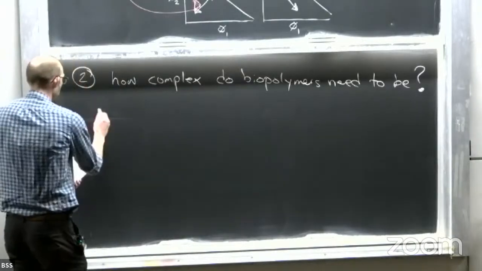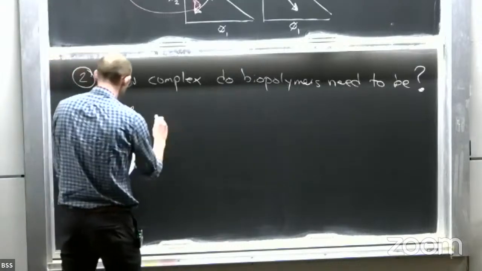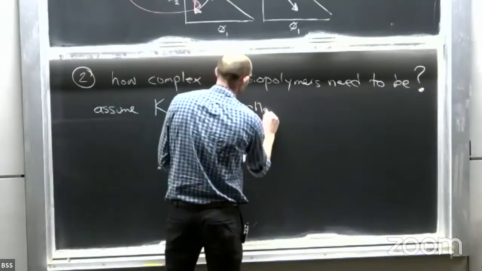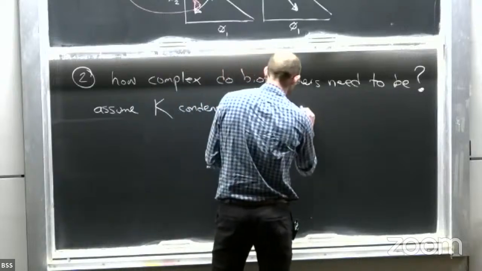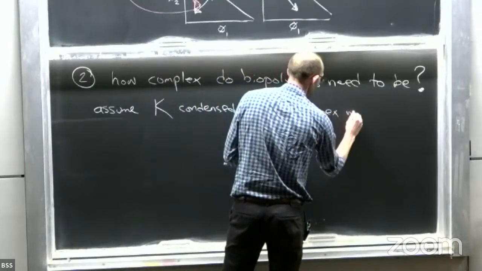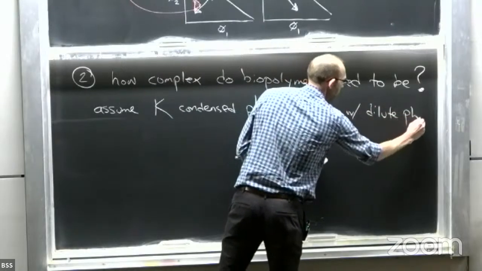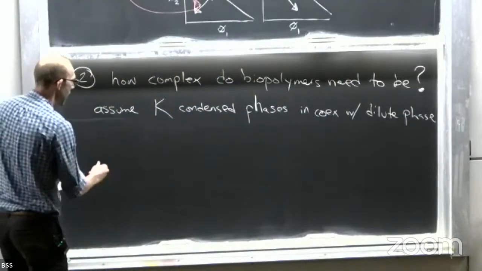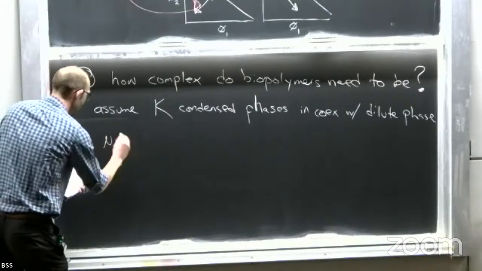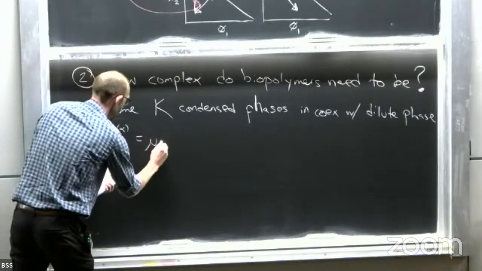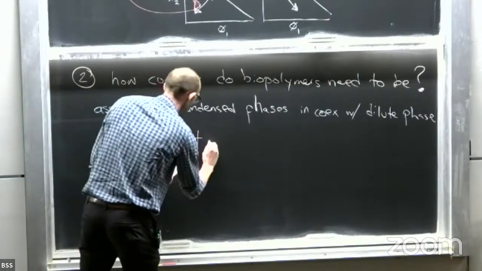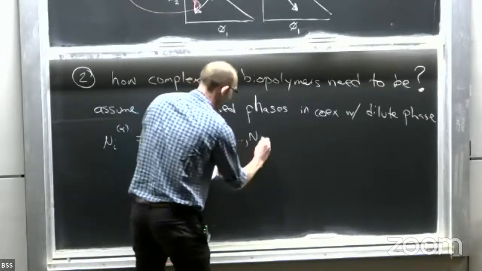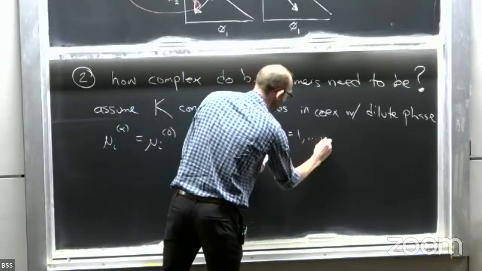Okay, so what we're going to do is assume that we have some condensed phases in coexistence with a dilute phase. And so what we've said before is that in order for this to work, we must have equal chemical potential and equal pressure, osmotic pressure condition for each type of species and each of our phases, right?